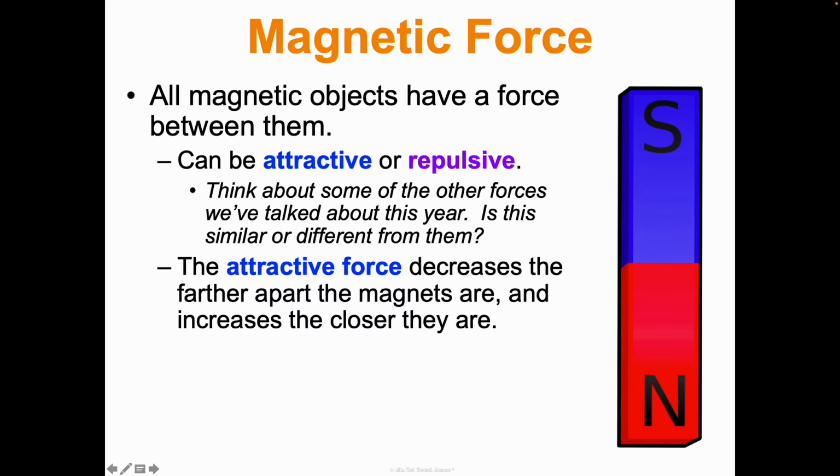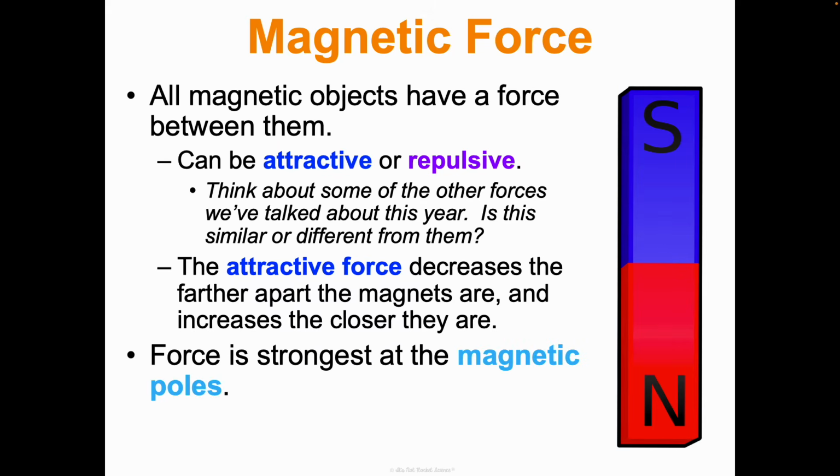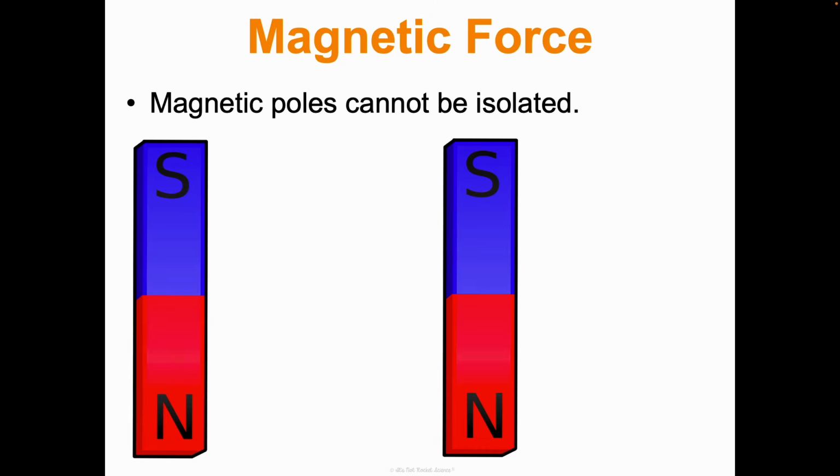Now, in a magnetic object, force is strongest at its magnetic poles. So magnetic objects have a north and a south pole. Let's talk more about that. These poles cannot be isolated, so it has to do with the material that's actually making up the magnet that gives it that property of magnetism.